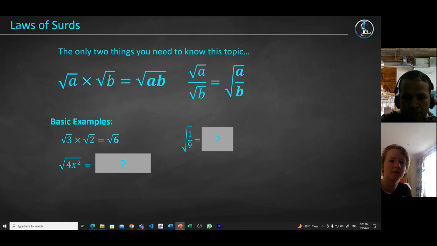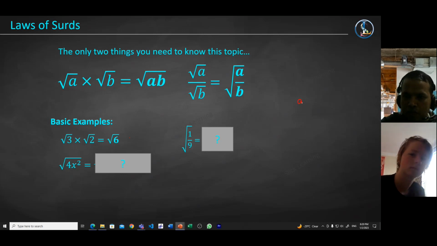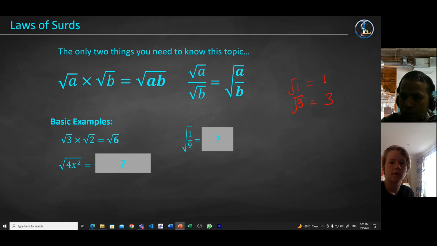As you know, 9 is a perfect square, so the square root of 9 is 3. And 1 is also a perfect square, so the square root of 1 is 1. So that's 1 over 3. Like that, we have applied the second rule.